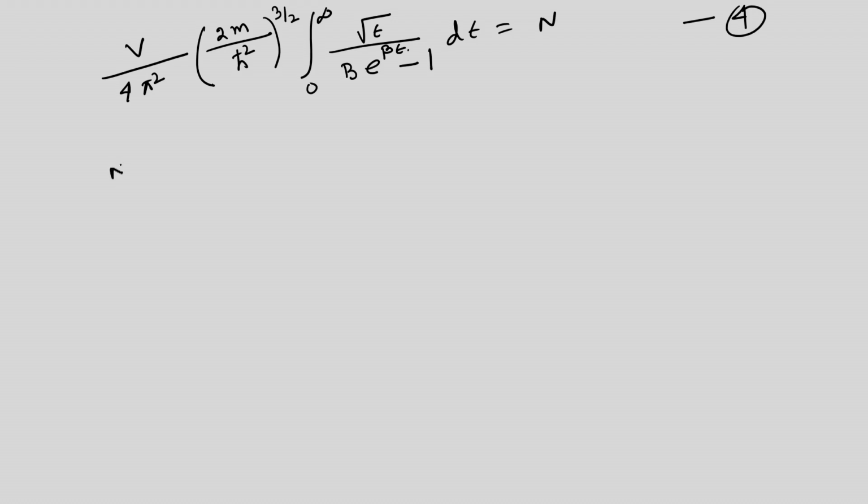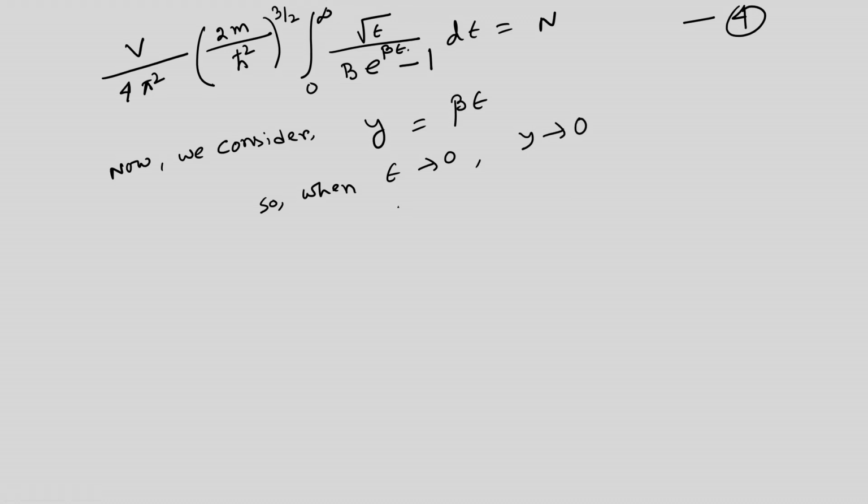Now, we consider y is beta epsilon. So, when epsilon goes to 0, y goes to 0, and when epsilon goes to infinity, y goes to infinity.